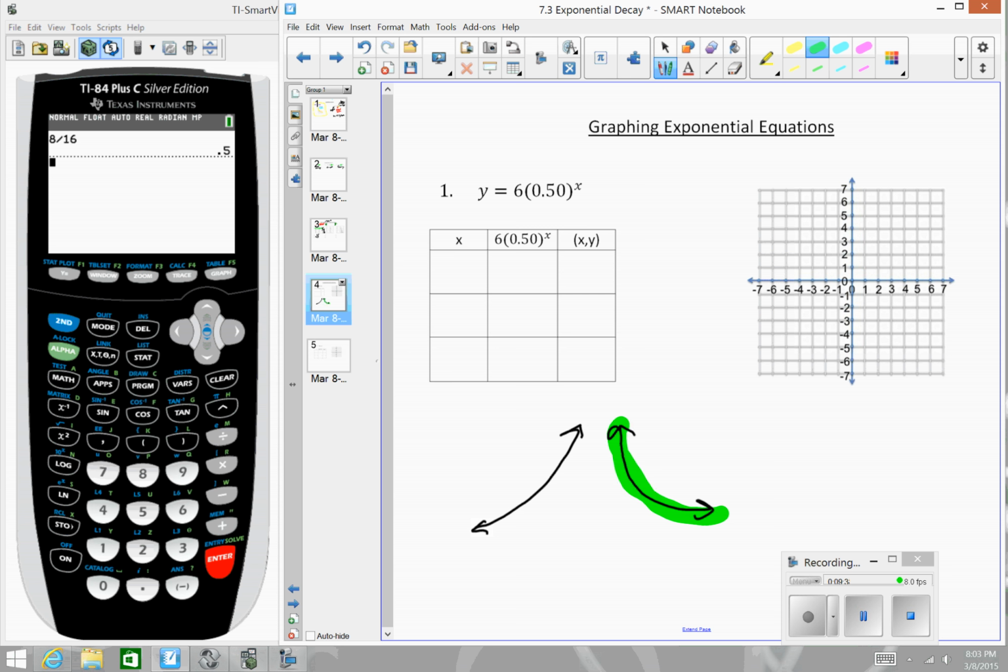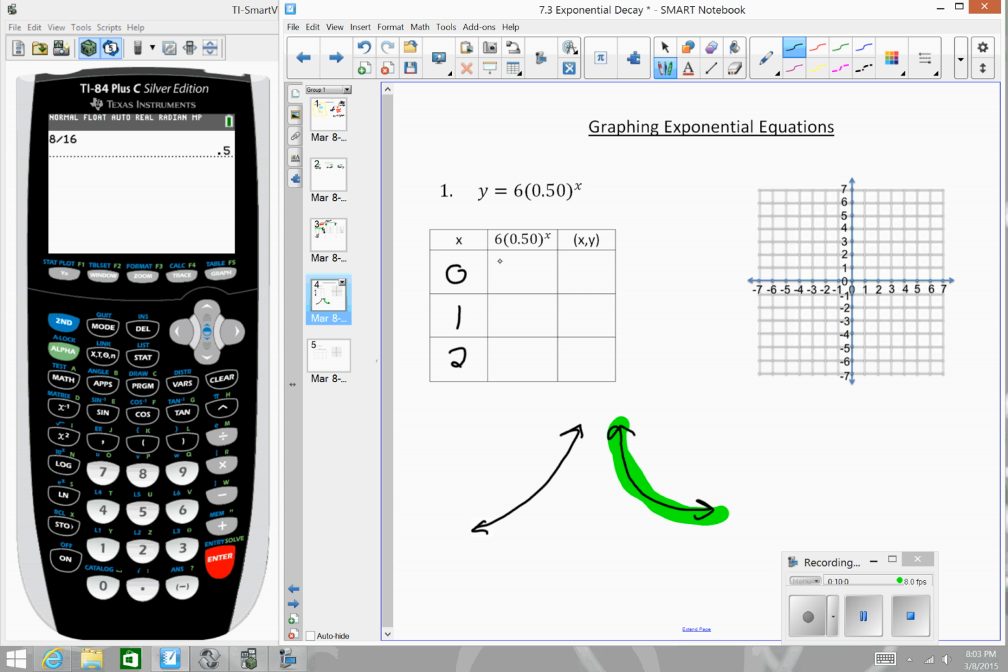Okay? So for these, we're just going to pick a couple of values. So I'm going to pick 0, I'm going to pick 1, I'm going to pick 2. Okay? So all I'm going to do is take those values, plug them into my equation. I'm going to get an ordered pair, and with that ordered pair, I'm going to go ahead and graph.